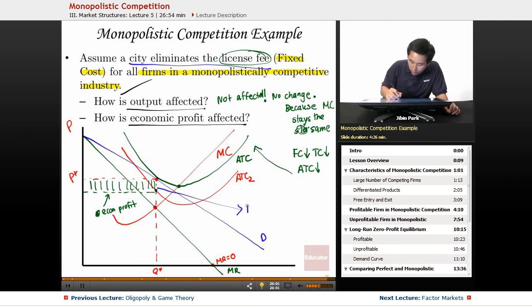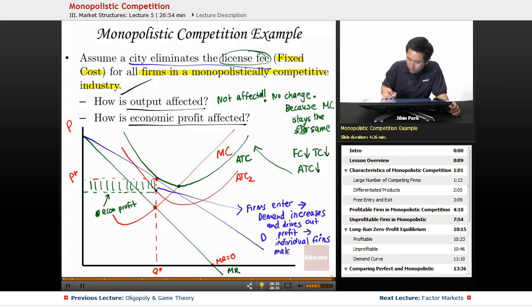Firms enter, and basically demand increases. And basically, it drives out the profit. How does it drive out the profit? Well, individual firms make less.